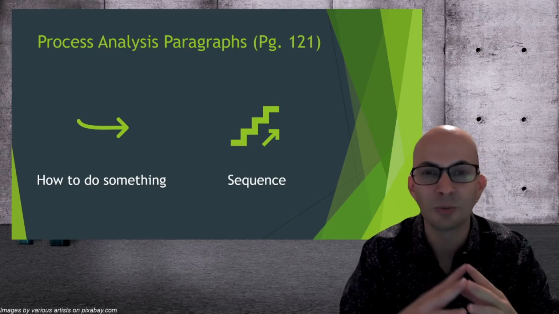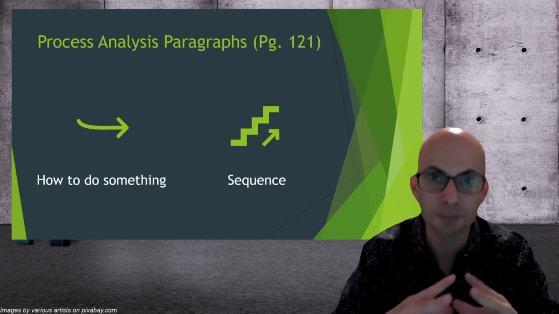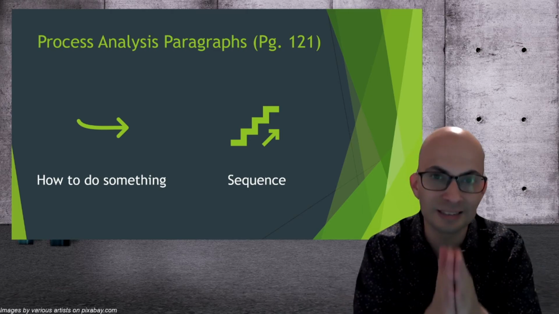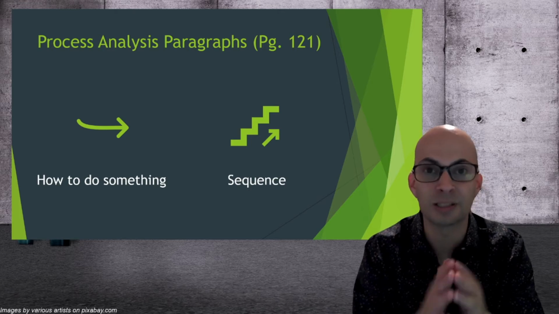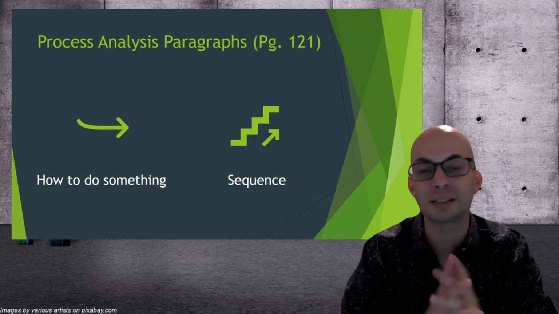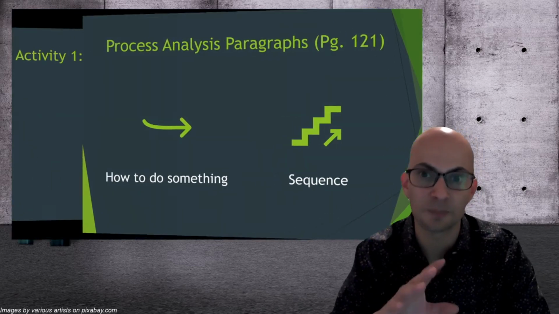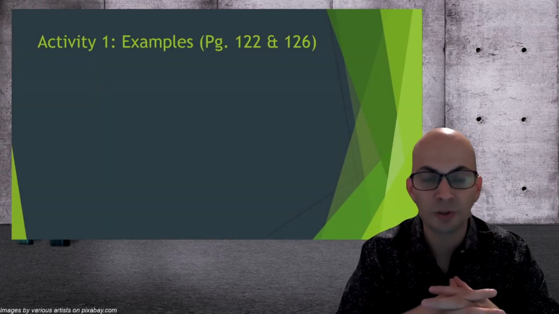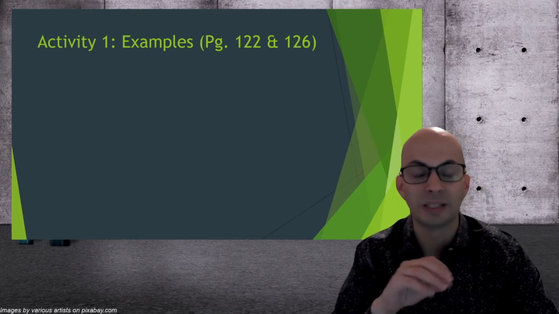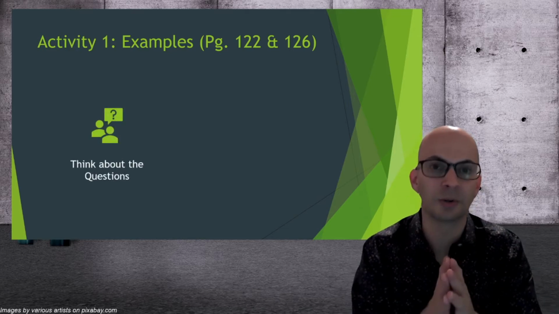Now, today we're pretty much just going to look at examples of sequence paragraphs to see how other people have written great process analysis paragraphs using the sequencing language. So jumping over to page 122, we can see our first example paragraph.